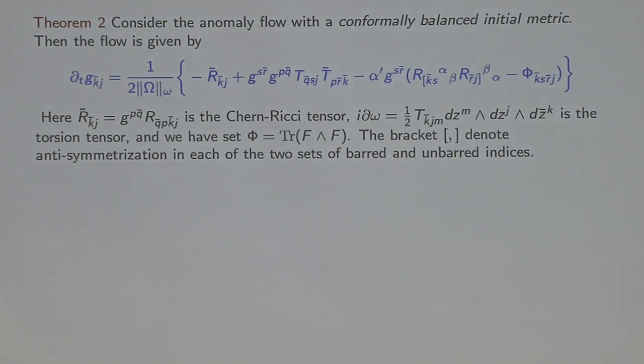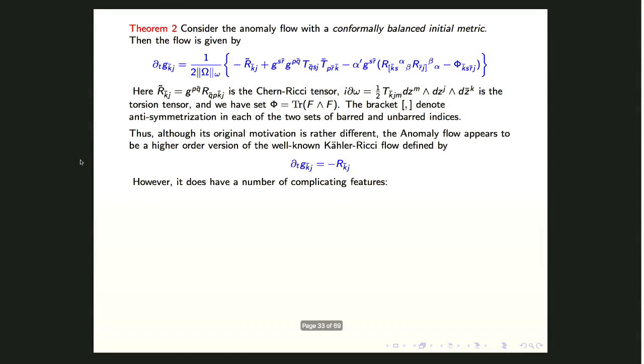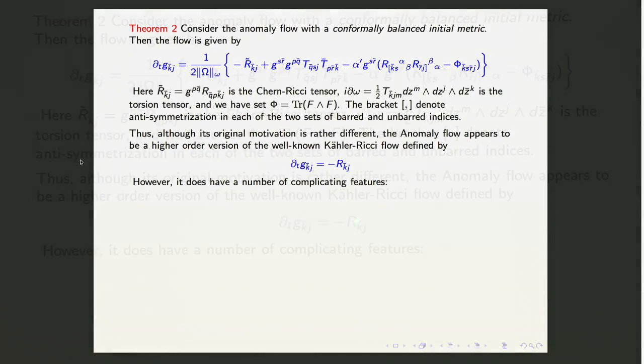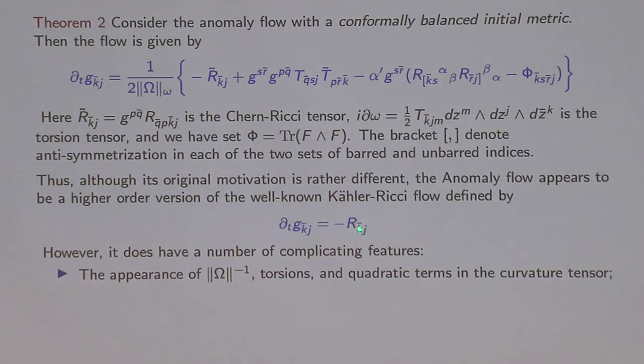Now, this looks like a big formula, but it's instructive to compare it a little bit with a flow that we know quite well. The flow I have in mind is the Ricci flow given by this. And now you see that if you compare the two, this term here looks like this. Here it's Kähler, so it doesn't matter.